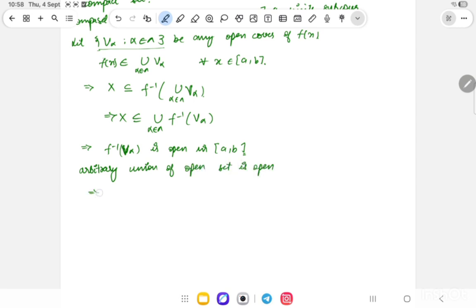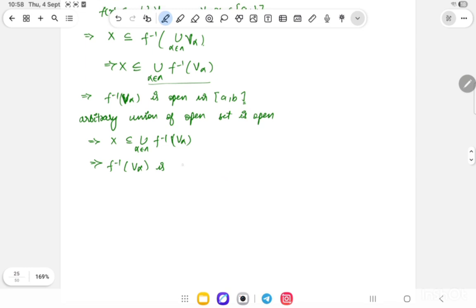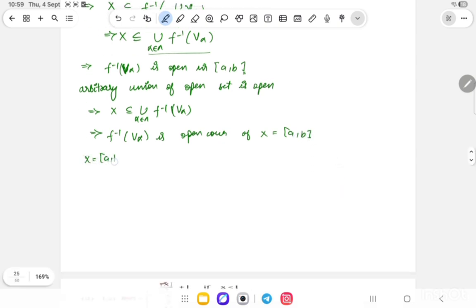So the union of f inverse of V_alpha will be open, and since X is contained in the union of f inverse of V_alpha, I can say that the f inverse of V_alpha form an open cover of X, that is [a, b]. But we know that X, that is [a, b], is a compact set. Then by the definition of compact set, there exists a finite subcover.